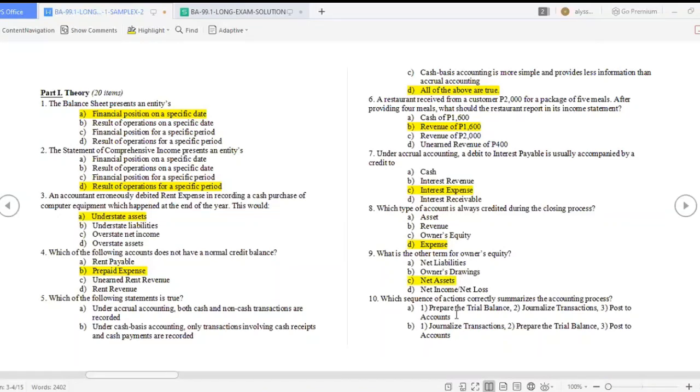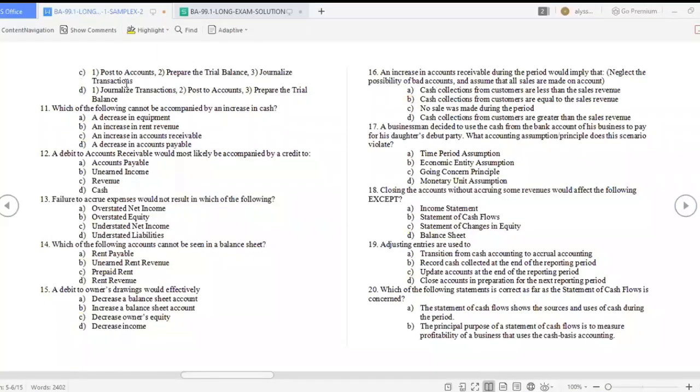Number 10, which sequence of actions correctly summarizes the accounting process? What do we usually do first in the accounting process? We first journalize the transaction. So 1 is journalize transactions, A is wrong, B is right, C is wrong, and D is right.